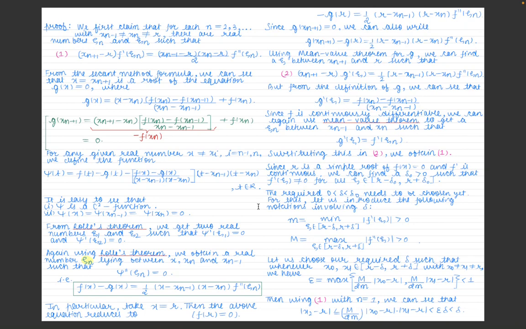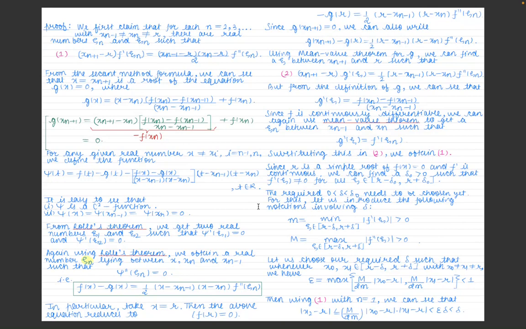So again, using Rolle's theorem, we obtain a real number lying between xi1 and xi2, which in turn are lying between x and xn minus 1, and xn minus 1 and xn.